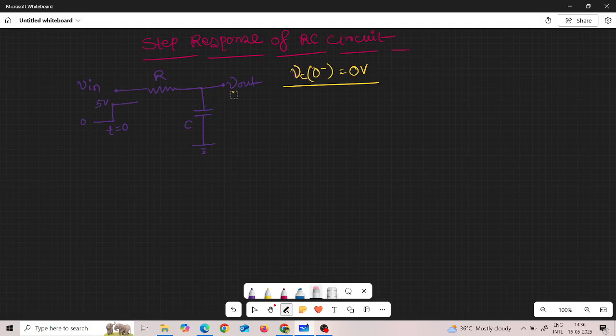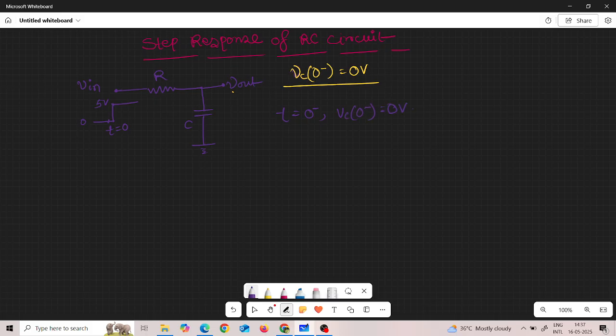Now in this circuit, if we look at t is equal to 0 minus, what is the voltage of the capacitor? At this point no input is applied and the initial voltage of the capacitor is 0, so the voltage of the capacitor at t is equal to 0 minus is 0 volt.